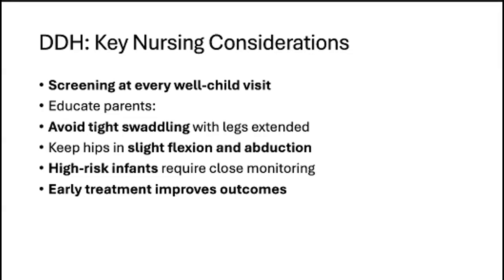Follow up, high risk infants require closer monitoring. Early treatment leads to better outcome. Emphasize importance of keeping follow-up appointments, understanding DDH pathophysiology, and recognizing early manifestations enables nurses to identify at-risk infants and facilitate timely intervention, which is critical for optimal outcomes and prevention of long-term complications.